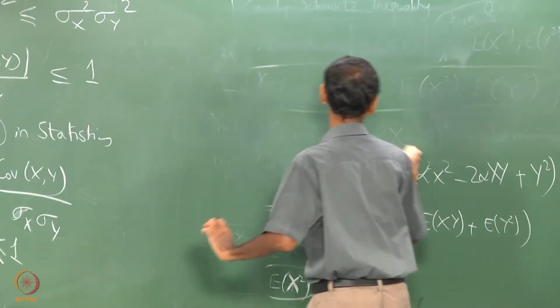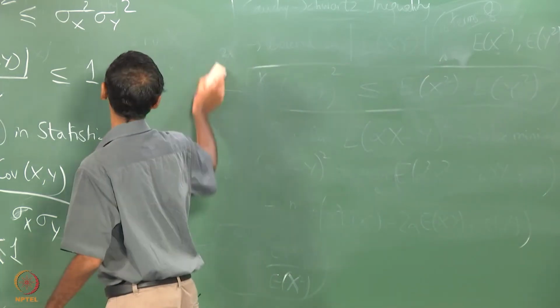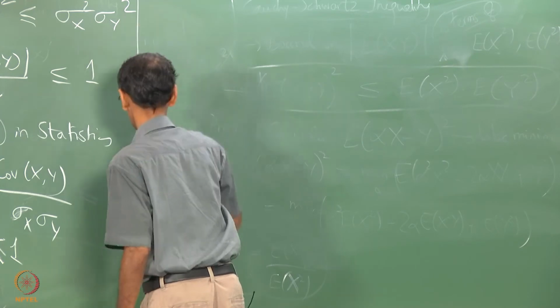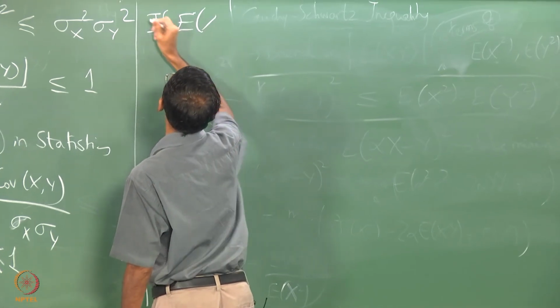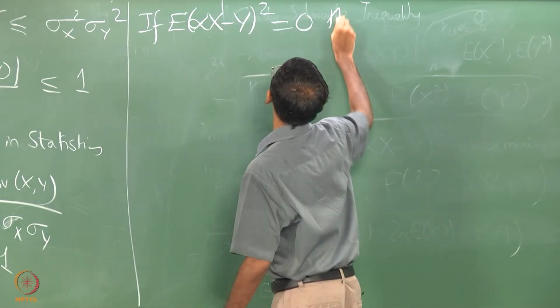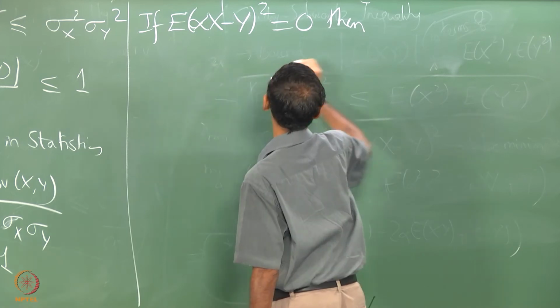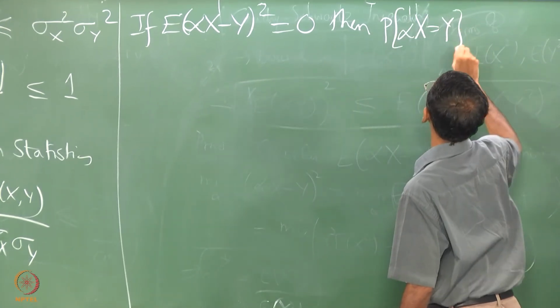So what does that mean? The probability of alpha x equal to y is equal to 1.